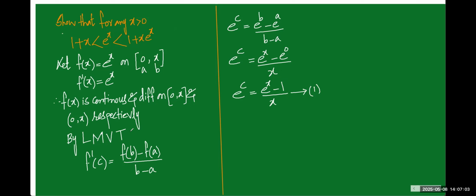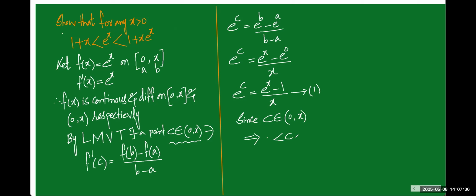By Lagrange's mean value theorem, there exists a point c belongs to a comma b such that the condition is satisfied. Now we use this statement. Since c belongs to a comma b means 0 comma x, what do you mean by this? C belongs to 0 comma x means the value of c should lie between 0 to x.